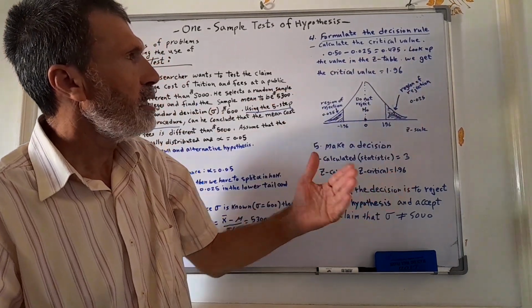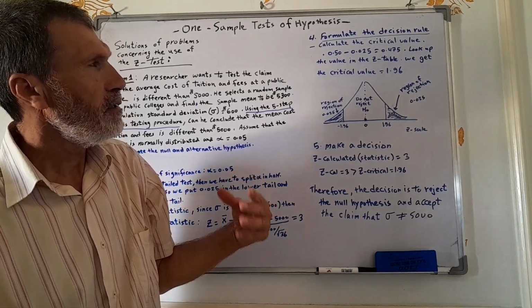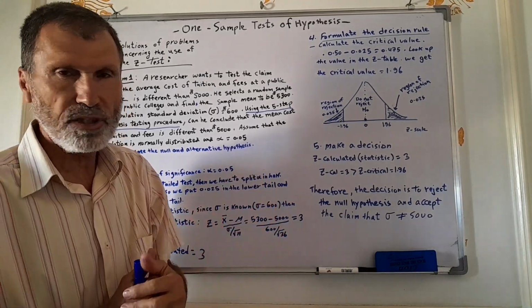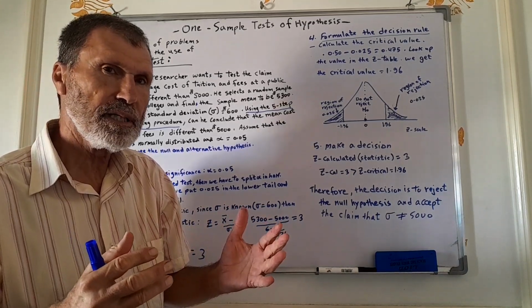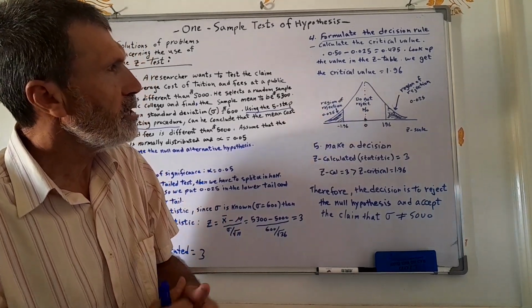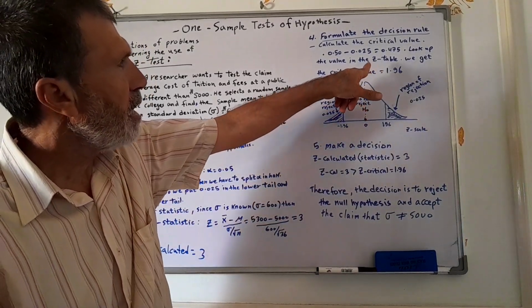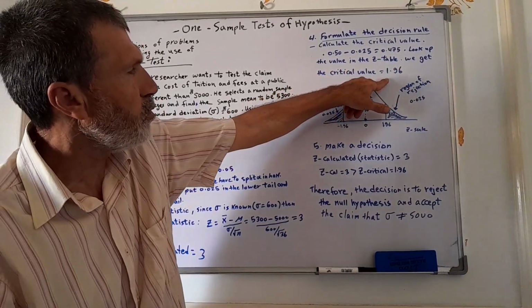So we go back to the simplified version of the Z table in the appendix, which I stated in the discussion of the lesson. You go back there and you see that we get a critical value of 1.96.